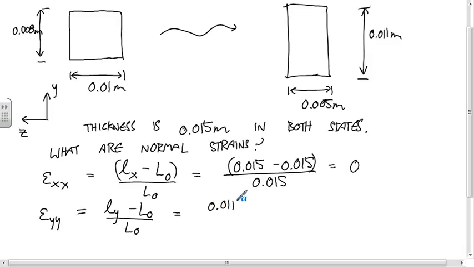And before the deformation, yep, 0.008. Divide by what? Yep, good. And so you get a value of positive 0.375. What are the units on strain?